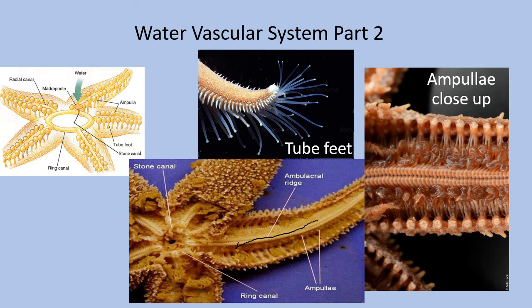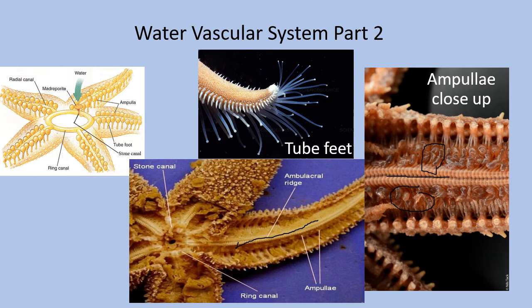Okay, and then after the radial canal, you can see on the right here a close-up view of the radial canal surrounded by those plates. On either side of the radial canal would be these soft little bubbles, and those are the ampullae, the water pumps.